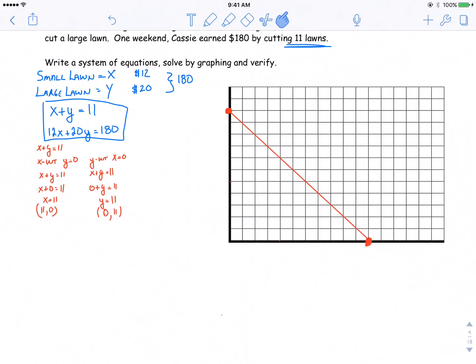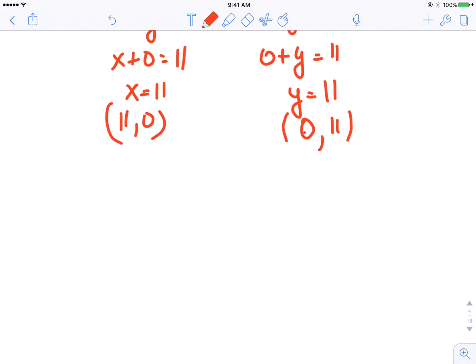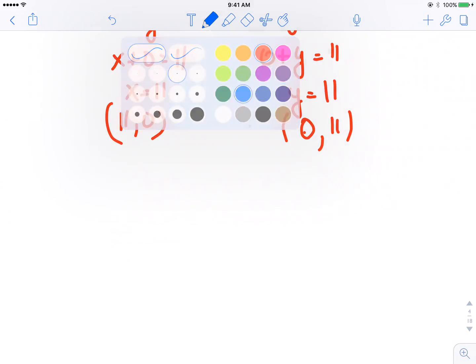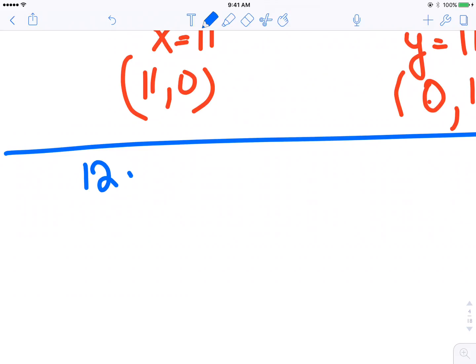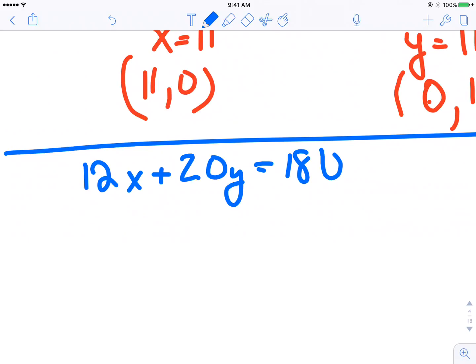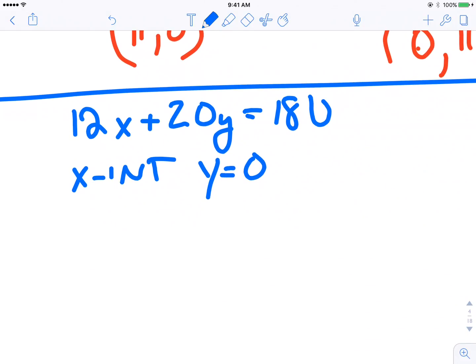Let's look at the second one: 12x plus 20y is equal to 180. Change colors. I want my x-intercept. That means y equals 0. Yes, it gets monotonous. Yes, it gets painful, but showing all your work, doing all these steps, this is what ingrains it into your memory. 12x plus 20y is equal to 180.